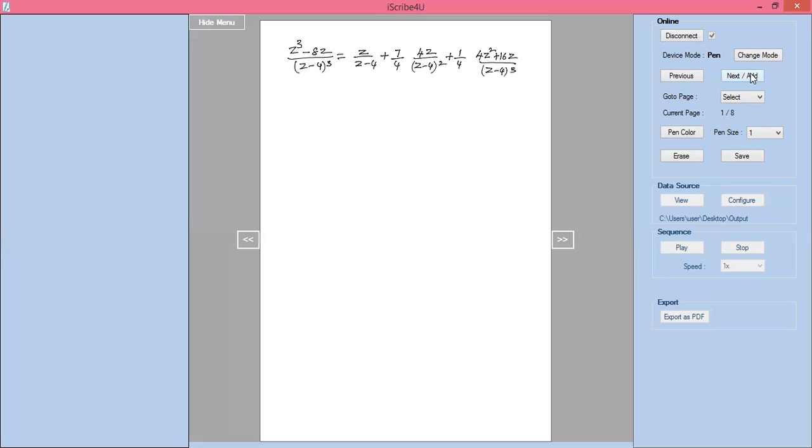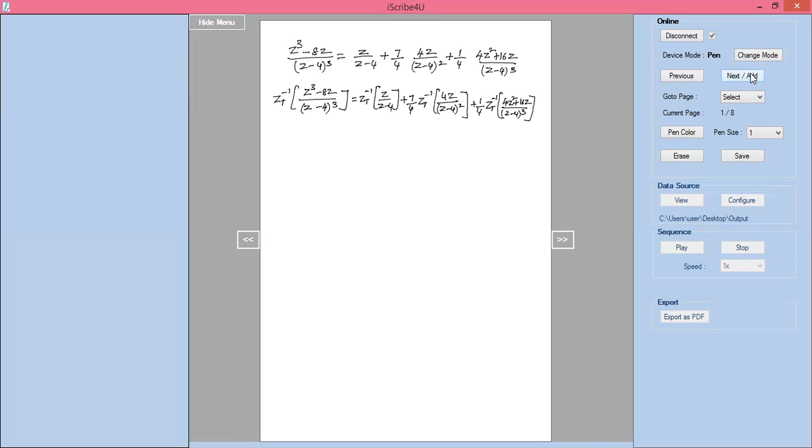Now we'll write z inverse of (z cube minus 8z divided by (z minus 4) whole cube) equal to z inverse of z by z minus 4, plus 7 by 4 into z inverse of 4z divided by (z minus 4) whole square, plus 1 by 4 into z inverse of (4z square plus 16z) divided by (z minus 4) whole cube.